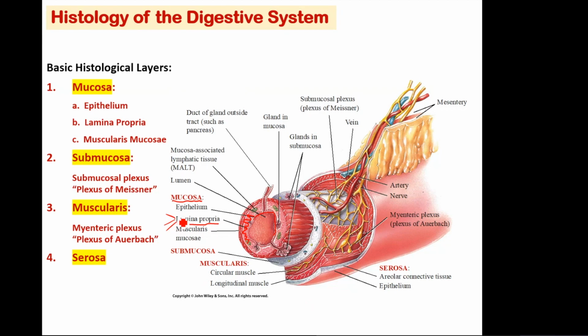Simply, vessels, nerves, and lymphatics. And outside, you have the small thin muscular layer, the muscularis mucosa, which separates the mucosa or mucous membrane from the submucosa, and for that reason it gives the mucosa relative freedom to move.